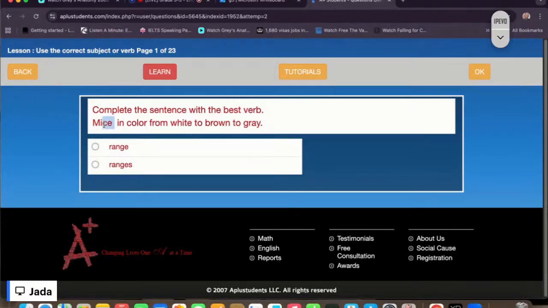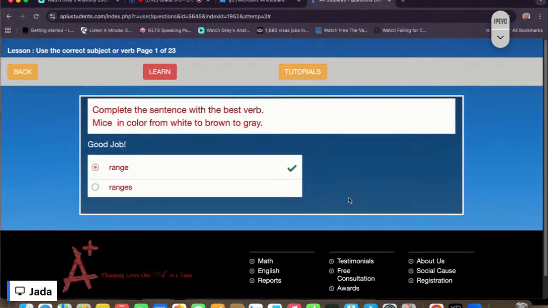So mice is what? A plural, right? So we'll have what? Range, okay?